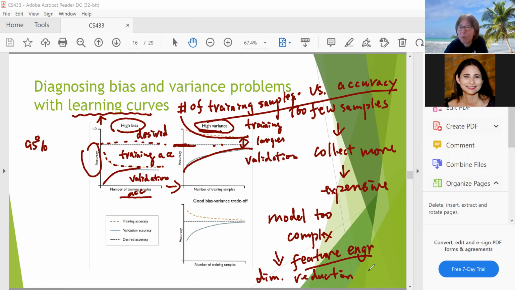So maybe you can use PCA to reduce the dimensionality, or you can use feature importance to only select important features, if you recall previously in decision tree and random forest, we learned feature importance.